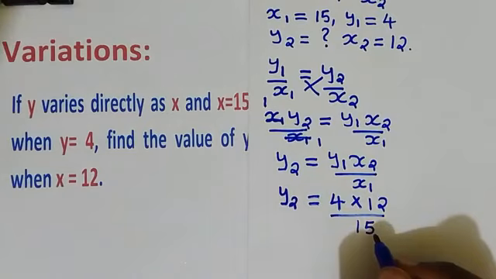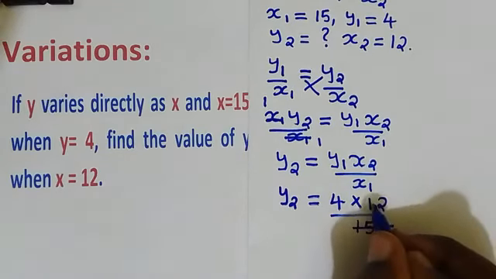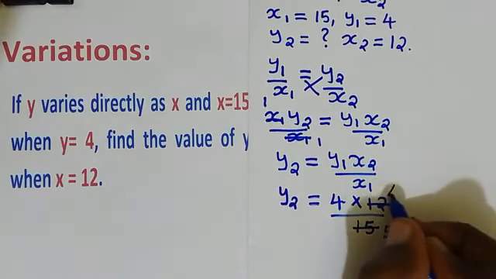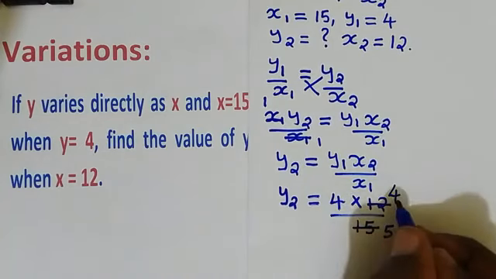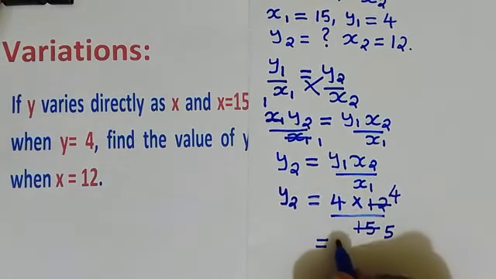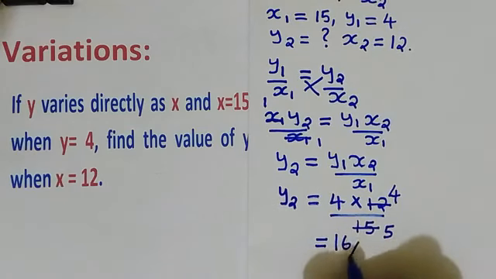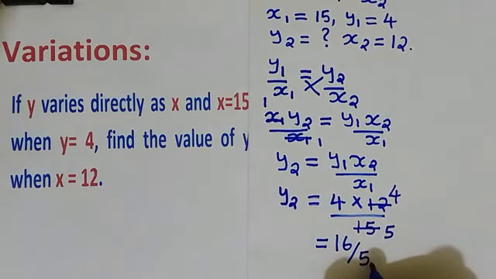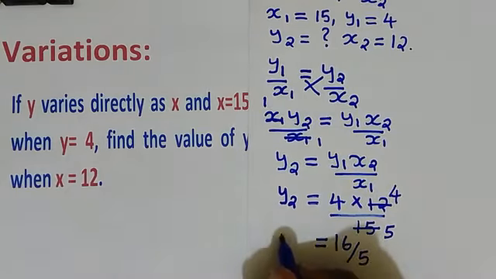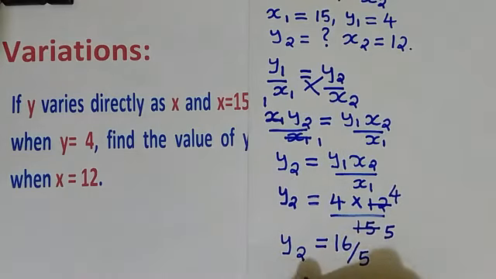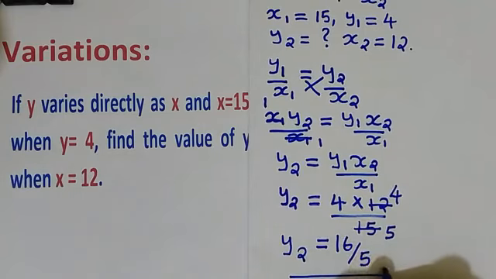Here we can simplify by 3. 15 divided by 3 is 5, and 12 divided by 3 is 4. 4 times 4 is equal to 16 over 5. So the value of y2 is equal to 16 over 5.